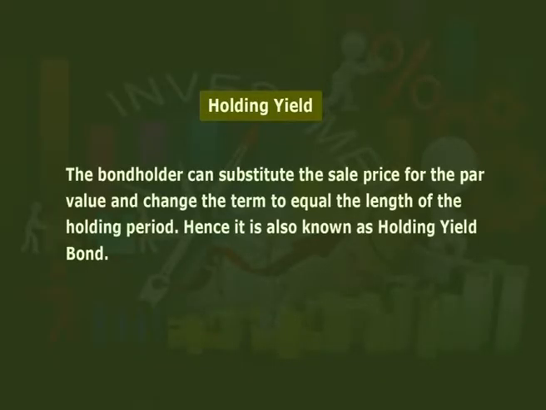If he holds the bond for 5 years, he only cares what yield he will earn between years 12 and 17. The bondholder should try to calculate the bond's 5-year holding period return. This can be approximated by slightly modifying the YTM formula. The bondholder can substitute the sale price for the par value and change the term to equal the length of the holding period. Hence, it is also known as holding yield.